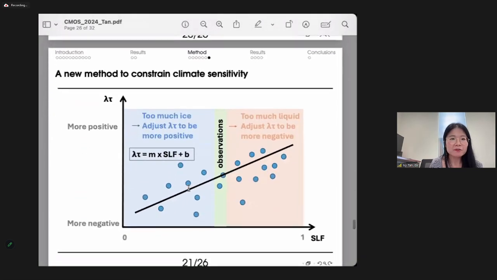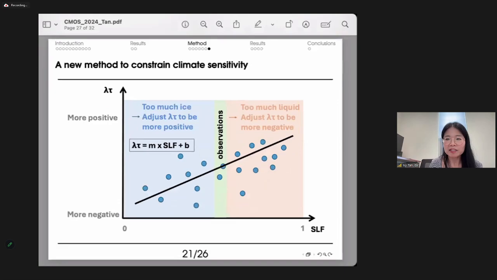To summarize our method in this diagram, we start off with our emergent constraint-like diagram, where we have lambda sub tau as our future climate change variable on the y-axis, and as our observable present-day variable, SLF on the x-axis. The observational range in SLF is shown by this green shaded region. This means that all of the Earth system models to the left of it, in the blue shaded region, contain too much ice in their mixed phase clouds.